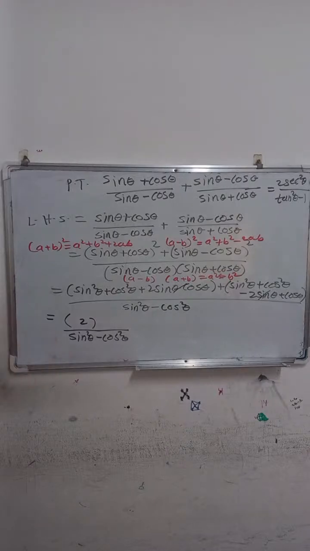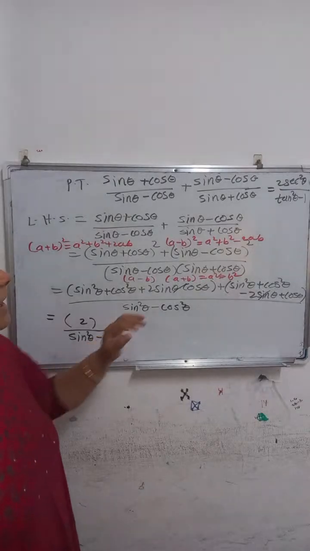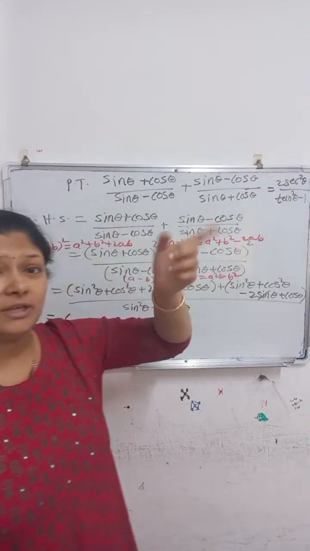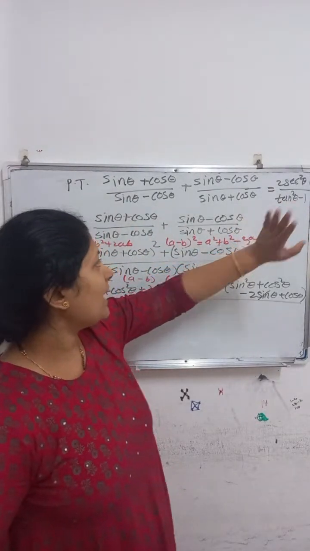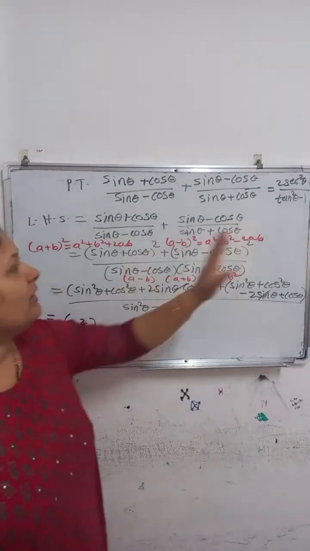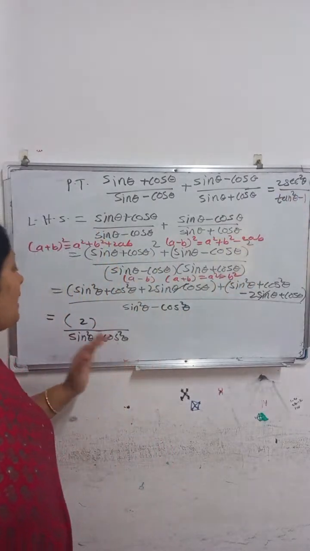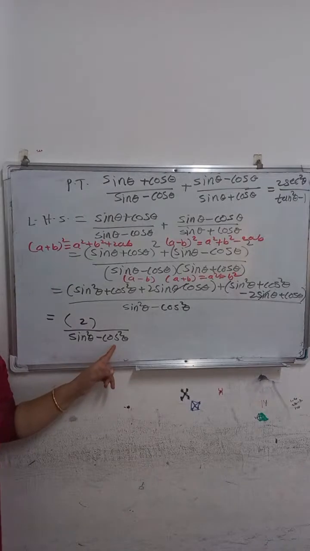If you reach here, then it is correct. Now what operation can we make? Already I have sin here, and here we have 1. So how to think? Activate your thinking also. Here they want tan, and here I have sin. Here they have 1 and here I have cos. So I have to remove cos from here.